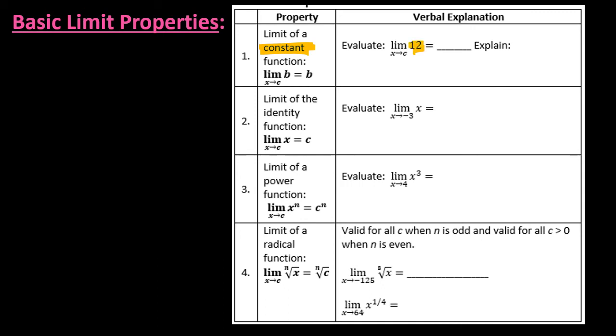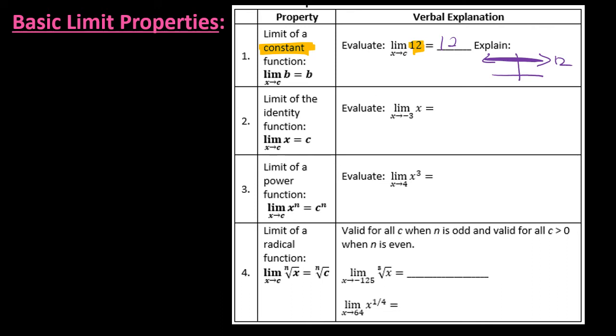Anytime I have a constant function, the limit is just whatever that number is, because this is just a horizontal line. If we think of the graph of 12, every single y value is 12 forever and ever.